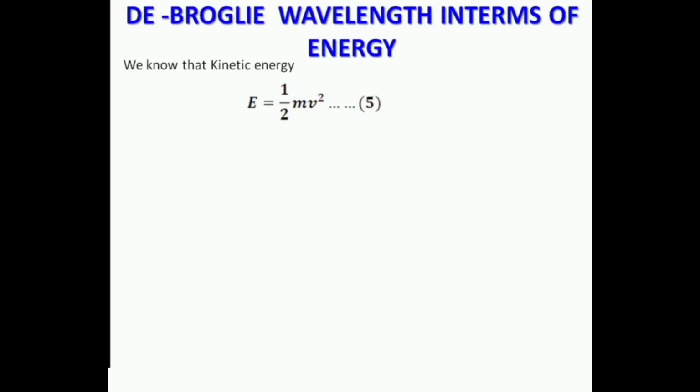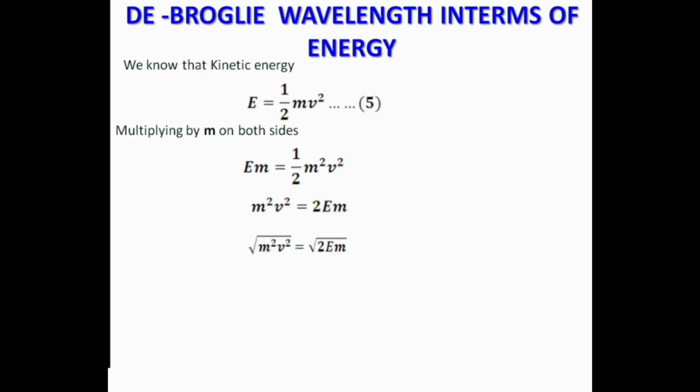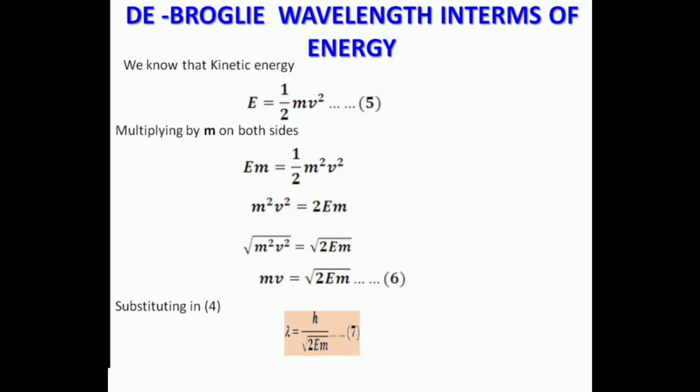We know that kinetic energy E equals half mv square. Multiplying by m on both sides, we have Em equals half m square v square, so m square v square equals 2Em, and taking the root, mv equals root over 2Em. So momentum equals root over 2Em. Substituting in equation 4 for the de Broglie wavelength, we have lambda equals h upon root over 2Em.